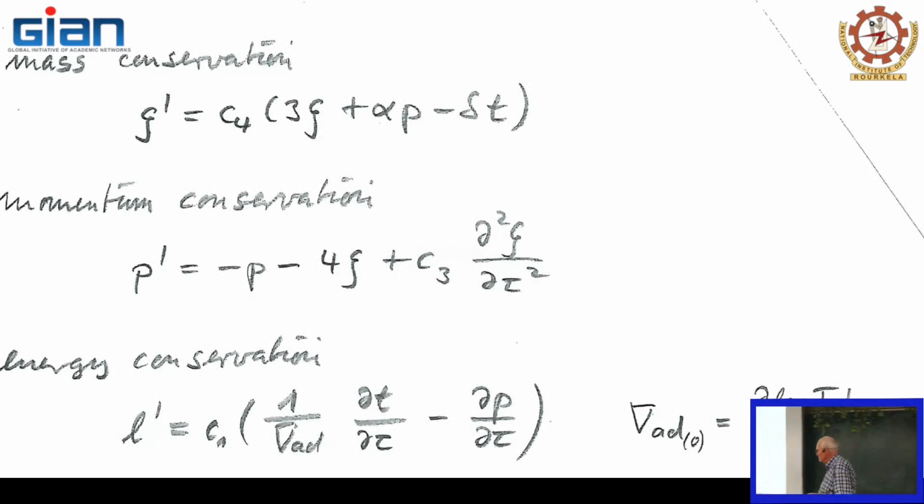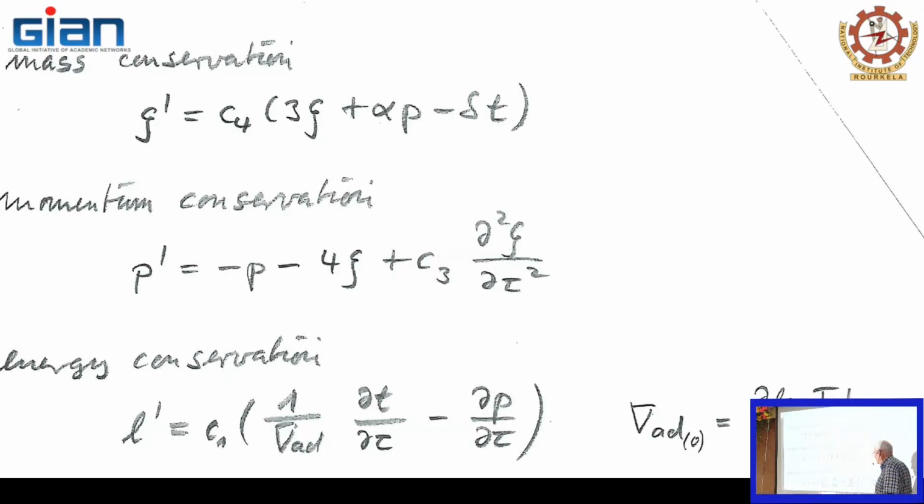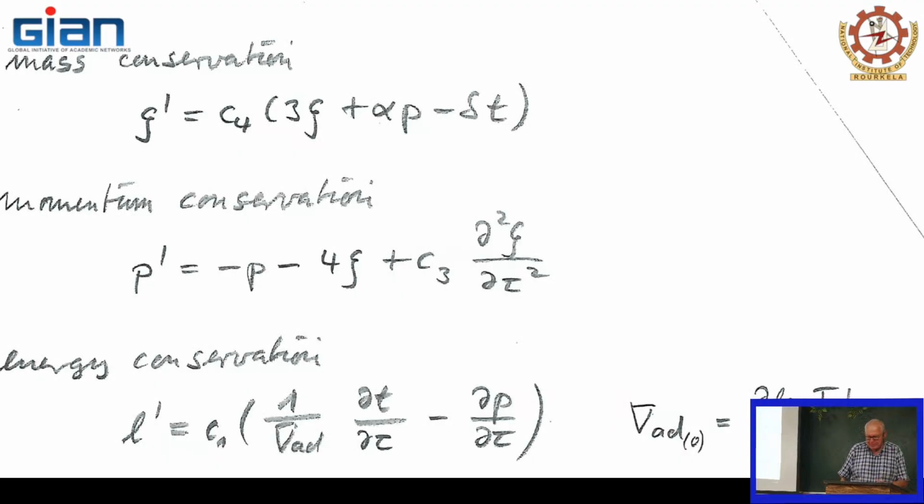And of course, because it's multiplied with the first order quantity, this has to be evaluated in the stationary background model, in the hydrostatic model. So nabla adiabatic evaluated in the background model is d log t by d log p at constant entropy. This is the energy conservation equation where we have dropped the epsilon terms. This would have been the only place where the epsilon term would occur.